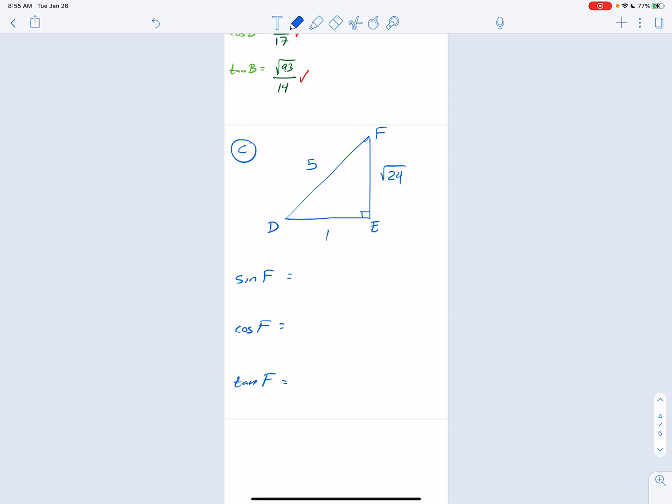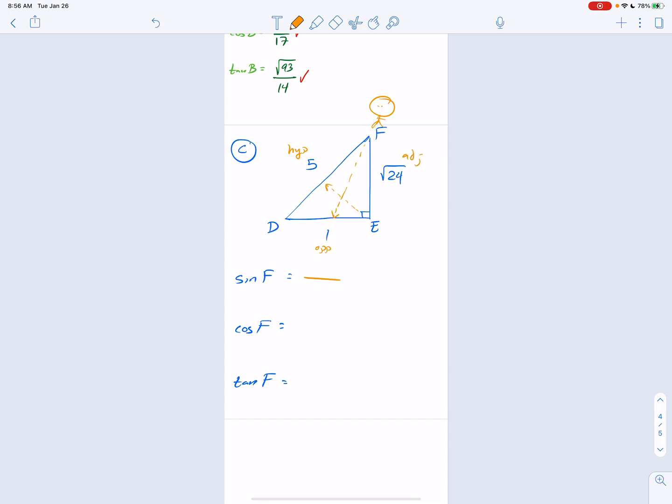Okay, first step is knowing where you are. You're standing at angle F, so your little person should go right up here. That means 1 is your opposite side because it's directly across from you. Always across from the right angle is called your hypotenuse. So that third side next to you is your adjacent.